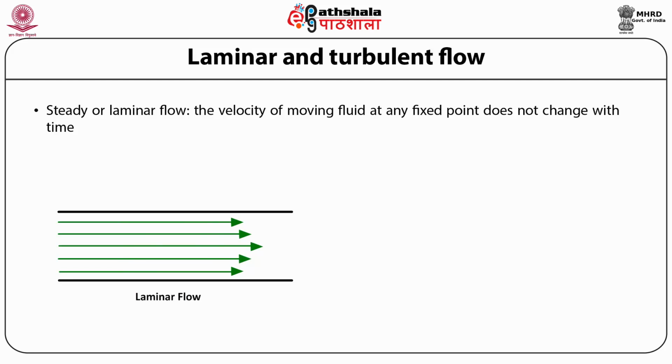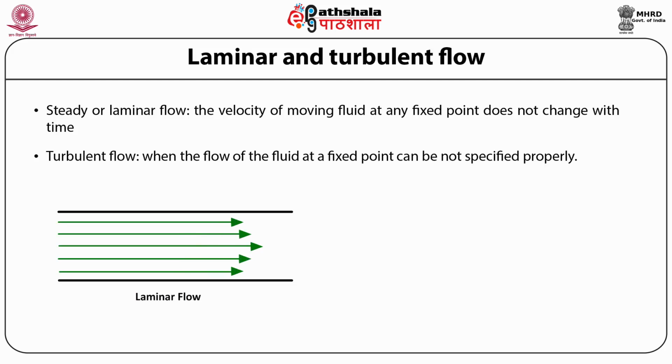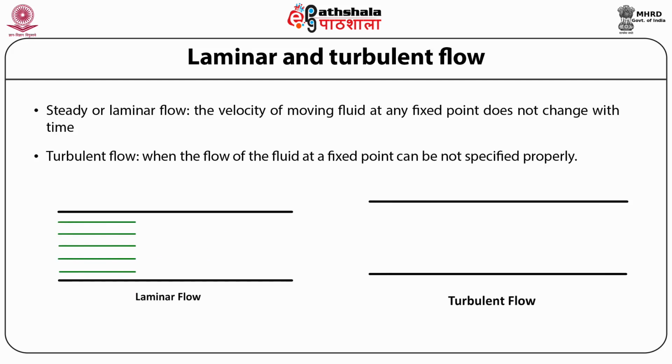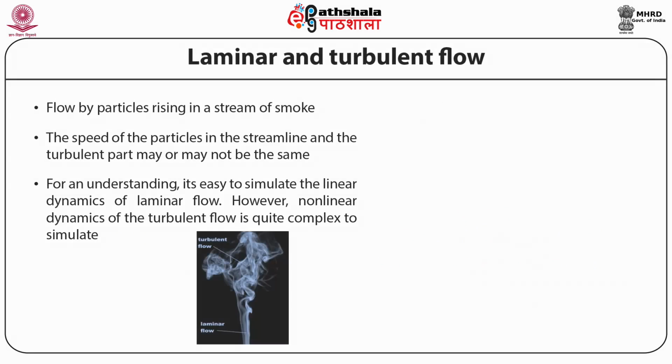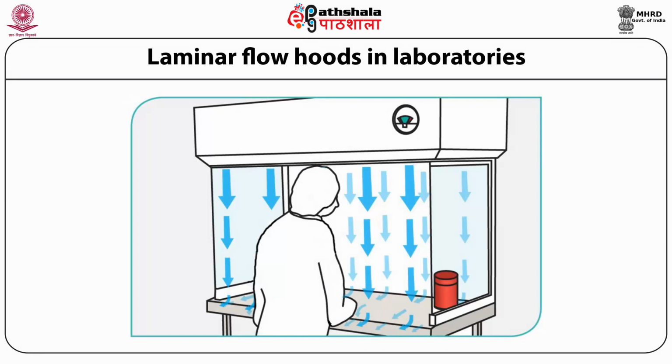On the other hand, in the case of turbulent flow, the fluid component at a fixed point cannot be specified properly. So here you cannot represent the velocity of the fluid component by straight arrows the way you did it for laminar flow. In this example, you have flow of particles rising in a stream of smoke.